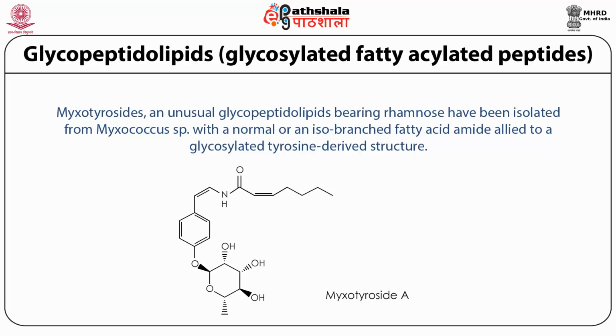Myxotyrosides, unusual glycopeptidolipids, bear a rhamnose sugar moiety and have been isolated from the Myxococcus species, with a normal or an isobranched fatty acid amide linked to a glycosylated tyrosine derived structure.